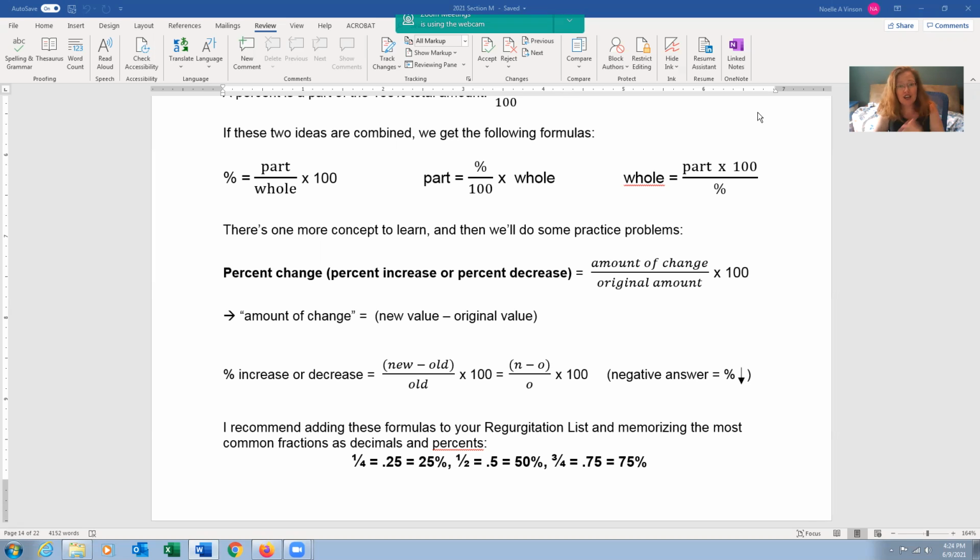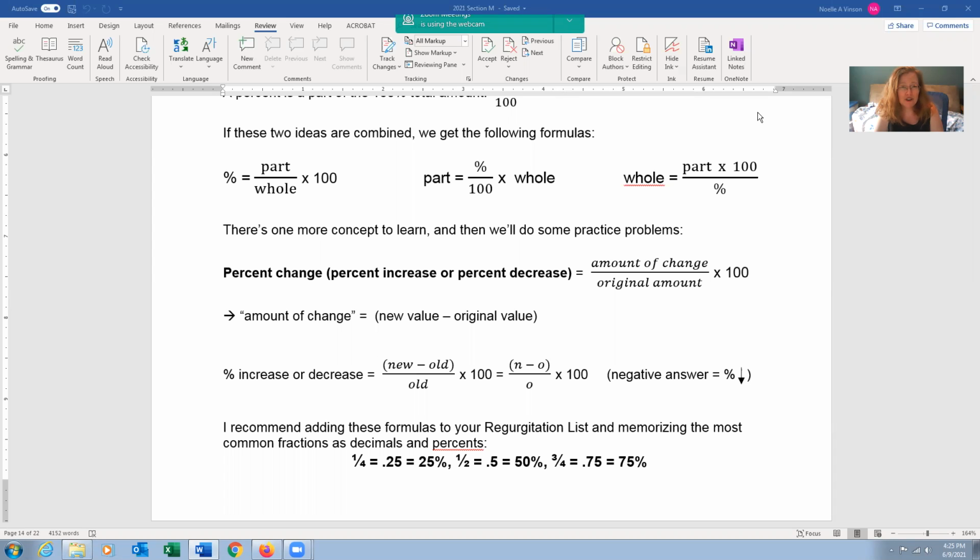The amount of change, one way you can look at that is the new value minus the old value, or the original value. And a way you can set this up for a percent increase or a percent decrease problem is to take the new number, subtract the old number. You need to get that answer first.